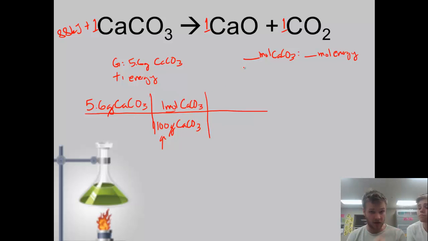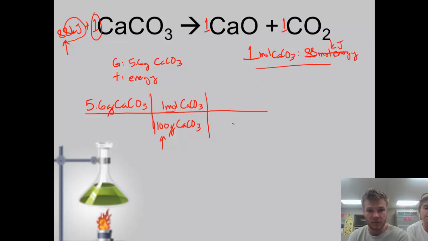So now I can use my conversion factor, which is 1 mole of calcium carbonate, and what's my coefficient here? 88. So I'm not going to say moles there, I'm going to say 88, and my chemical is calcium carbonate, it's 88 kilojoules. If I have moles of calcium carbonate and I want to cancel those out, what am I going to put on the bottom?